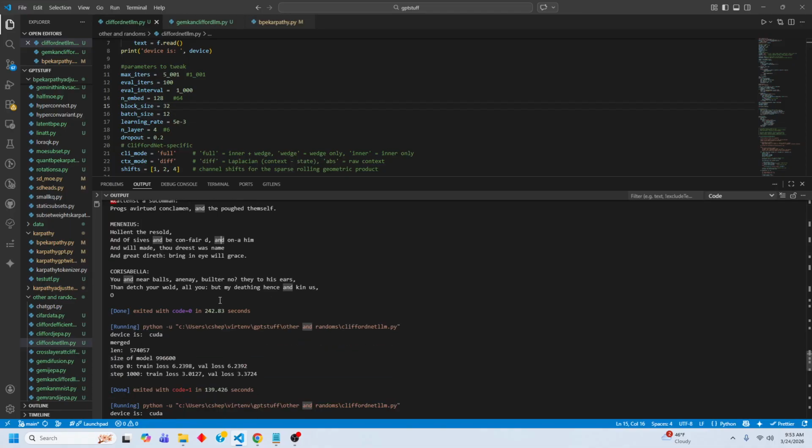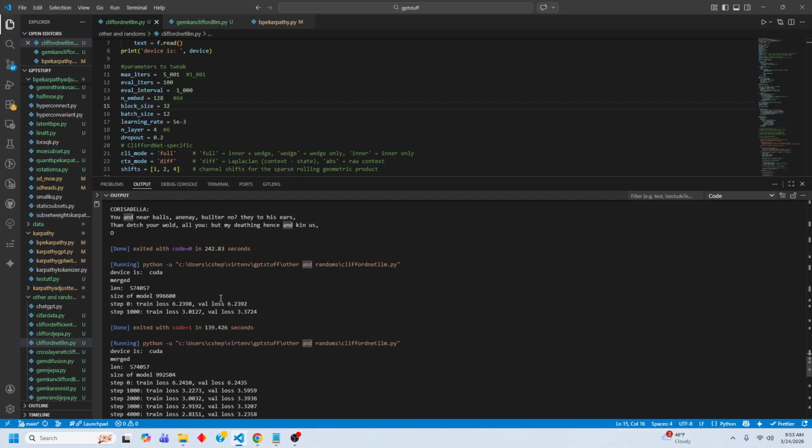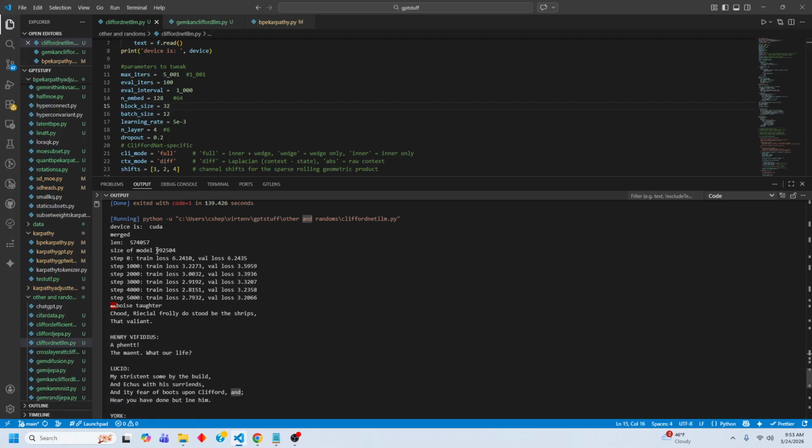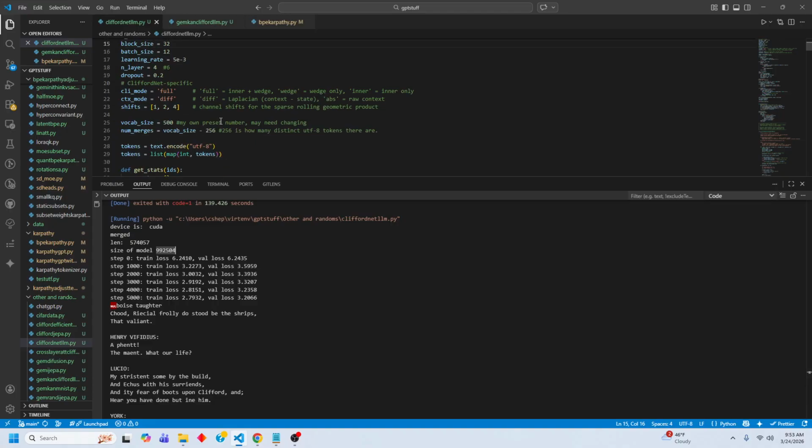Then compare against Clifford Net, which has almost 1 million parameters. So both of these are a little bit bigger. I should have adjusted for that. And also this has a vocab size of 500, I'm just now realizing.